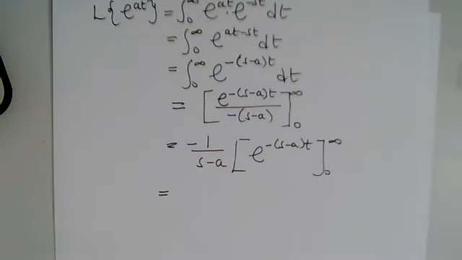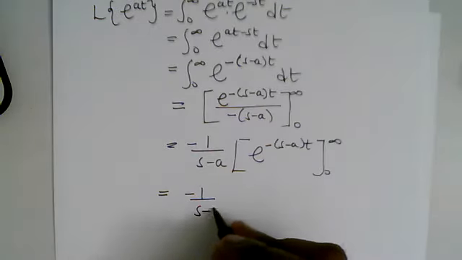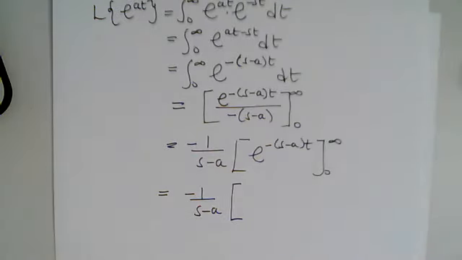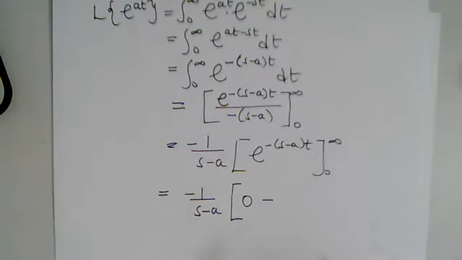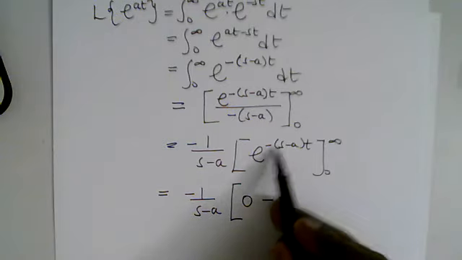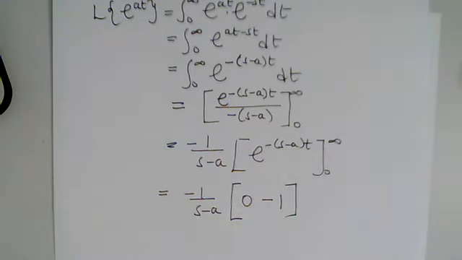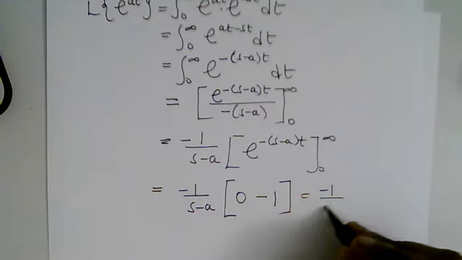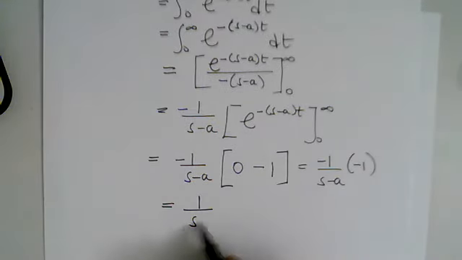Now when we put in our limits, the upper limit becomes e to the power minus infinity, which is 0, minus, when you put in the lower limit, e to the power 0, which is 1. So this gives us minus 1 over (s minus a) times minus 1, and this becomes 1 over s minus a.